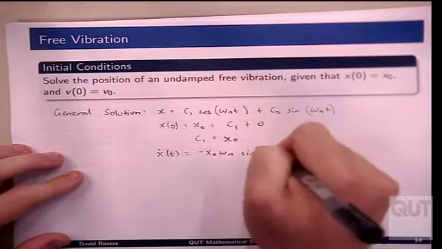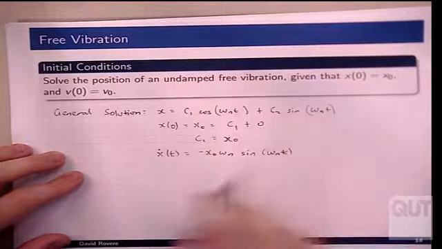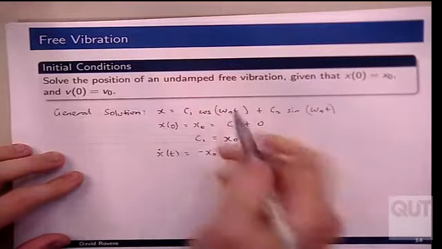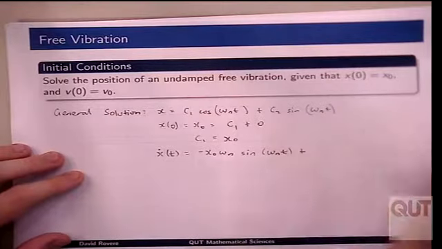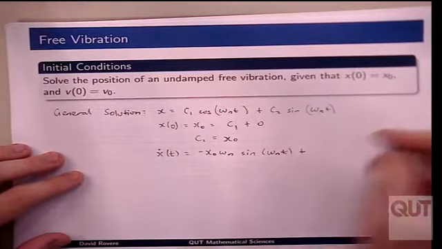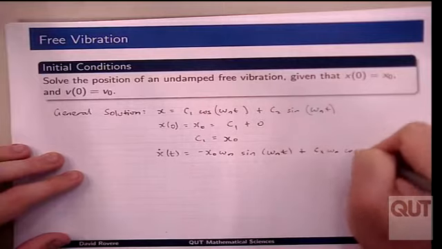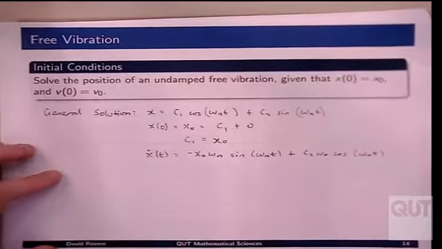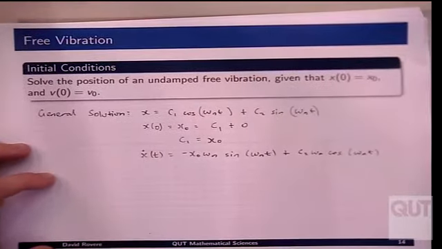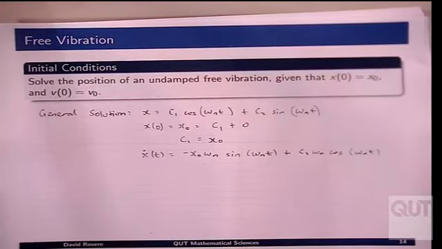And remember, we want to use the chain rule because we've got a linear function of time within a cos function. So the derivative of the inner function, omega n, comes out the front when I derive. And the derivative of sine is cos. And once again, we want the chain rule, which is why the omega n comes out the front. So that's our equation for velocity.